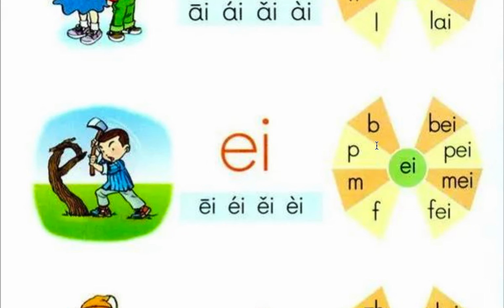B-A, Bei, P-A, Pei, M-A, Mei, F-A, Fei. Four tones would be Bei, Bei, Bei, Bei. Pei, Pei, Pei, Pei. Mei, Mei, Mei, Mei. Fei, Fei, Fei, Fei.